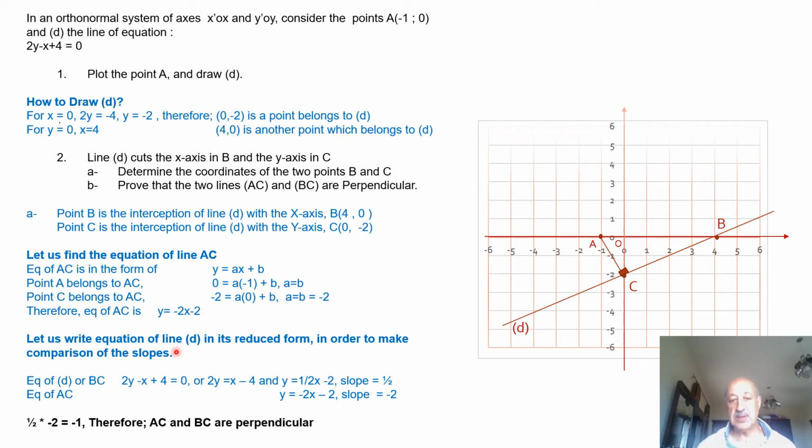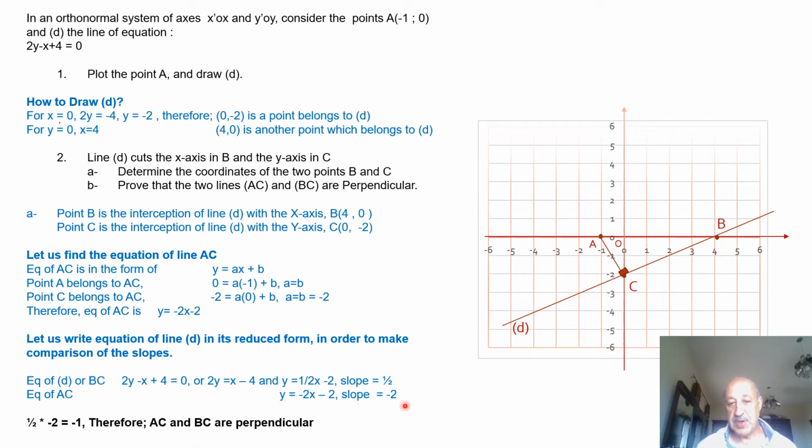The equation of D, or BC, is 2y minus x plus 4 equals 0, or 2y equals x minus 4, and y is equal to half x, or x over 2, minus 2. The slope is simply half, which is the coefficient of x. For the equation of AC, we just found it, the slope is minus 2.